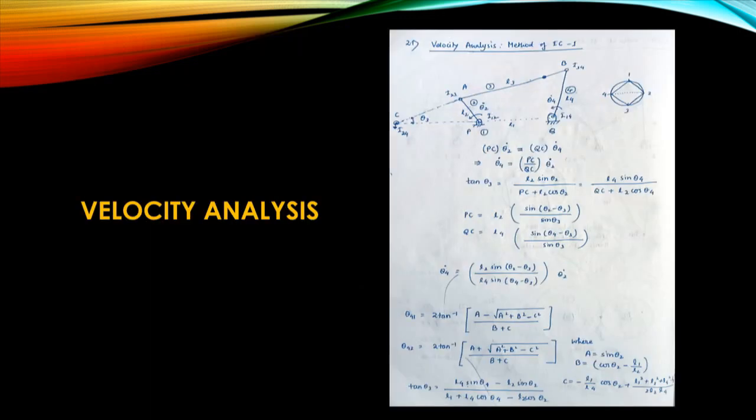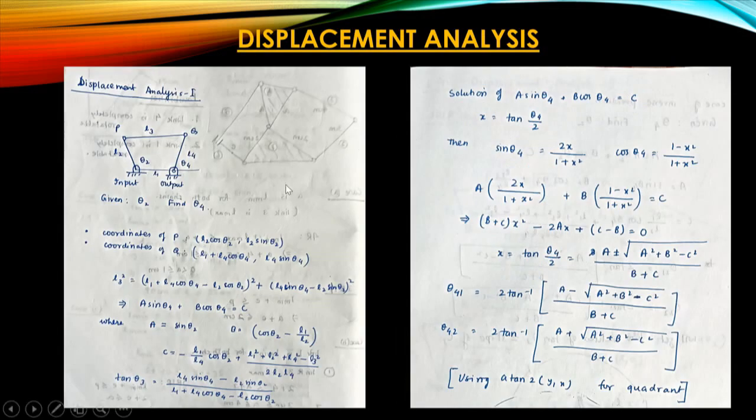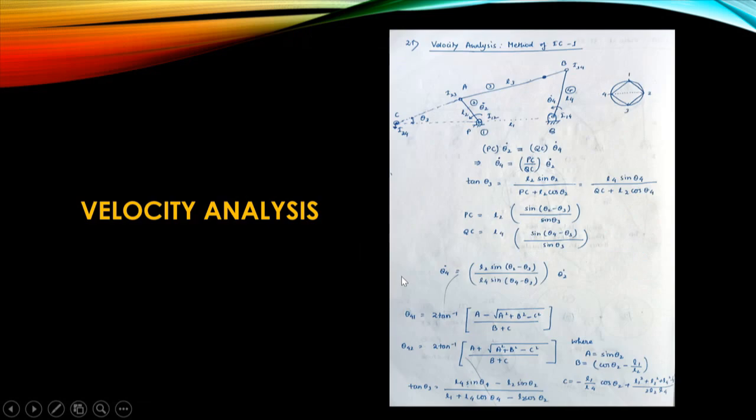So I'm Arjish Chowdhury and I will elaborate the velocity analysis of this 4R mechanism problem. As we found in the displacement analysis, we can also differentiate this theta 4 with respect to time and find it. Here we have used the instantaneous center method. I12 means the instantaneous center of body 1 and 2.